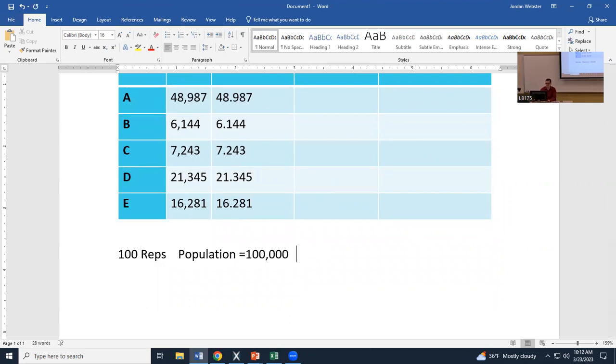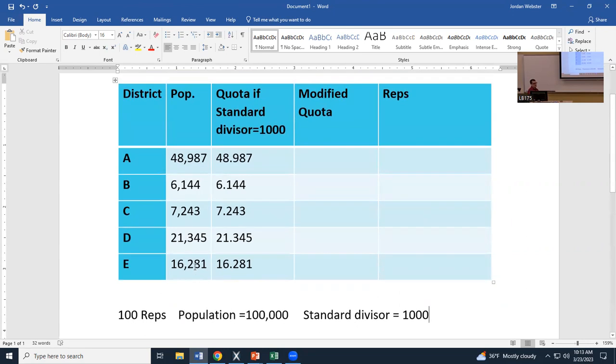That means the standard divisor would be 1,000, which again, remember, essentially just means every 1,000 people should get their own representative.